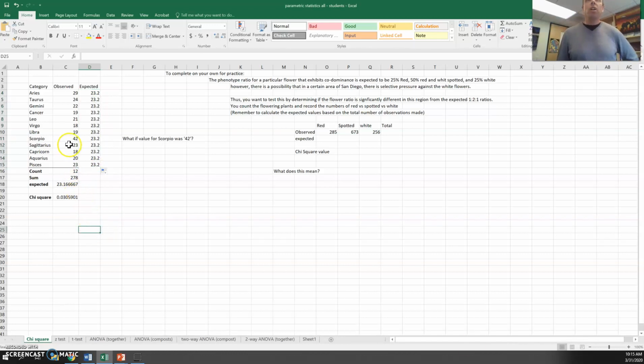But you can see now, that was such an outlier that my chi-square is now 0.03. That means there's only a 3% chance that this data falls within my expected range within random variation. It's telling me that somewhere in here there is an outlier. This only has a 3% chance to be what I expect, and therefore it has a 97% chance to be different.